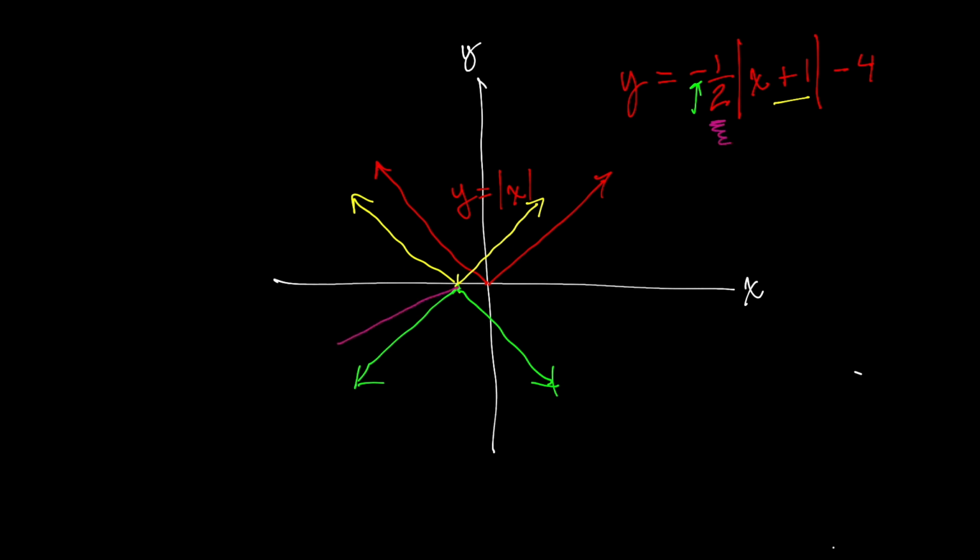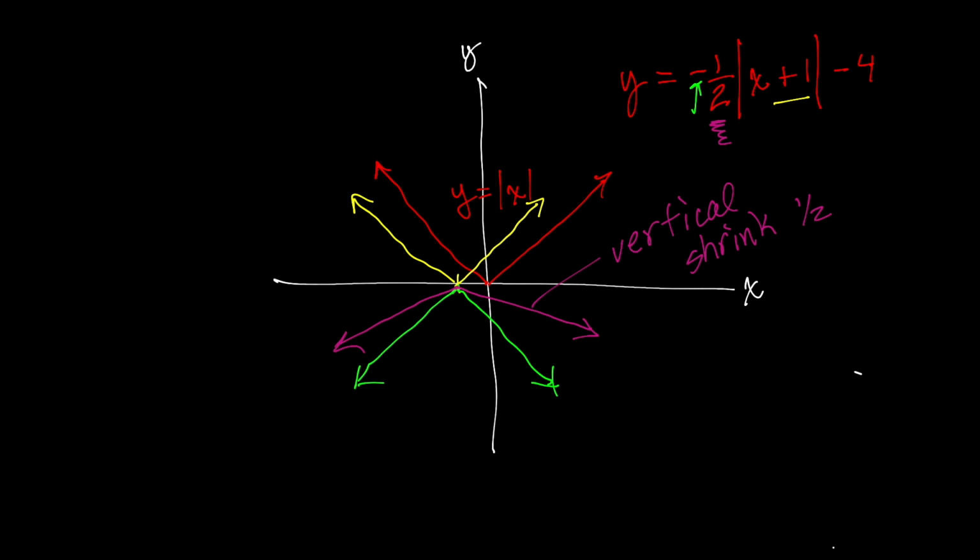So it's being vertically shrunk. Okay, this is a vertical shrink. It looks like it could be a horizontal stretch, but I'll use shrink so you understand better that I'm talking about up and down movement. So that is a vertical shrink by a factor of 1/2.